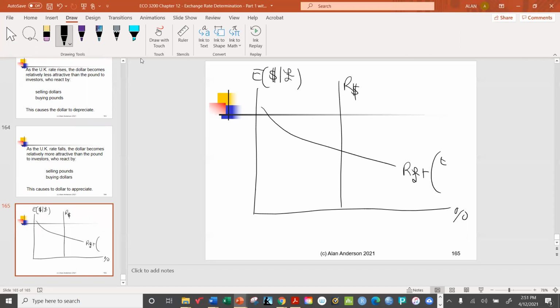All right, so here's our expectations term. I'll call it E1 because I need to change it. And so this is our original point. And now what's happening is that suppose this term increases. What does that actually mean?